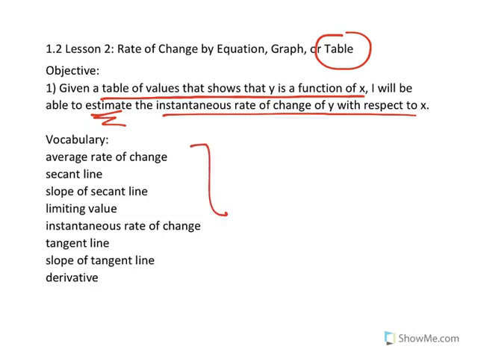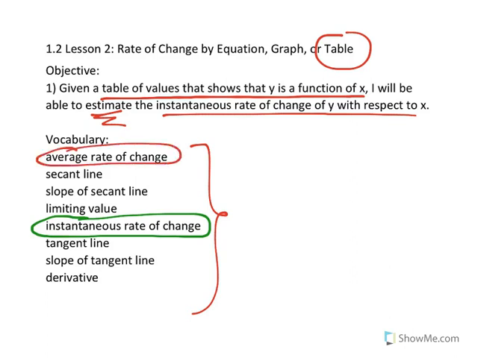And we're using the same vocabulary that we've been using for the last couple of days because we are discussing the same concepts of approximating the instantaneous rate of change by using an average rate of change on a short time interval. And yesterday we looked at this in the context of a function defined by a graph, and today we look at this in the context of a function that's defined numerically by a table.